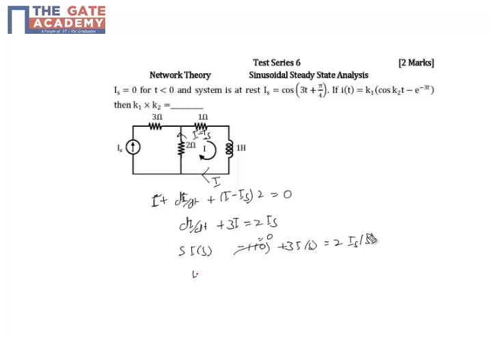So the expression becomes I of S by Is of S is equal to 2 by S plus 3.